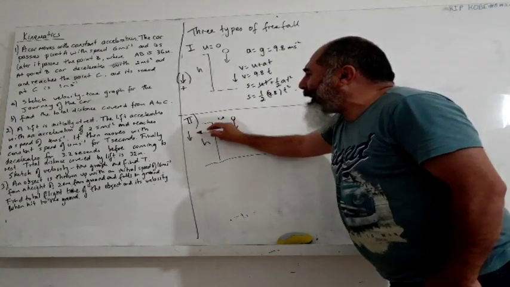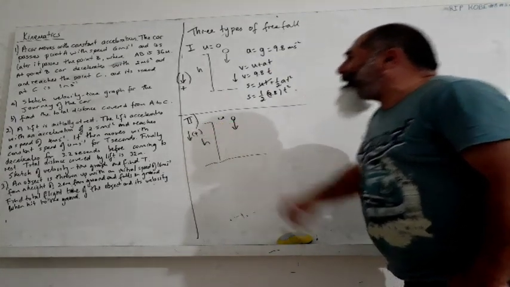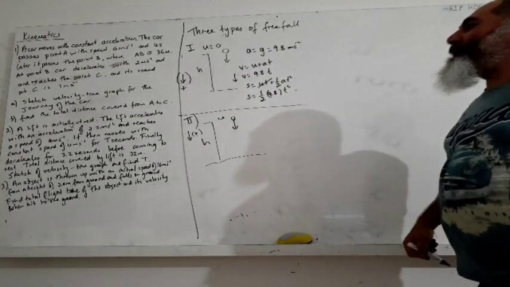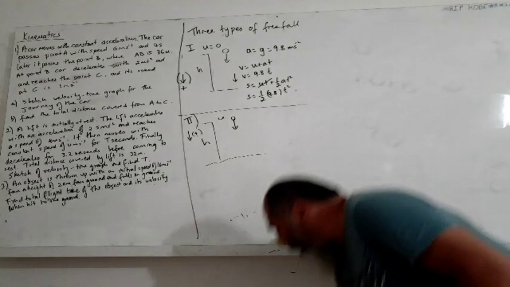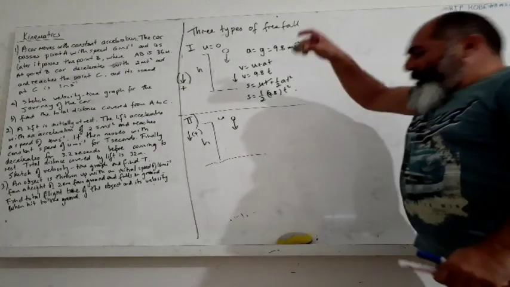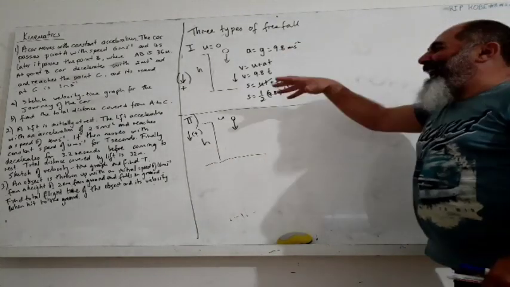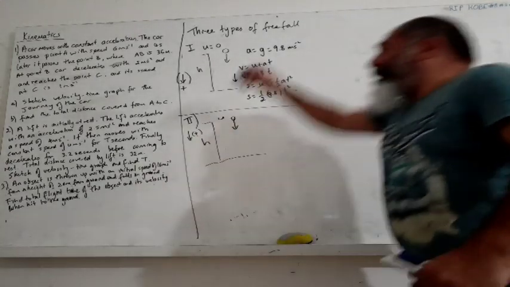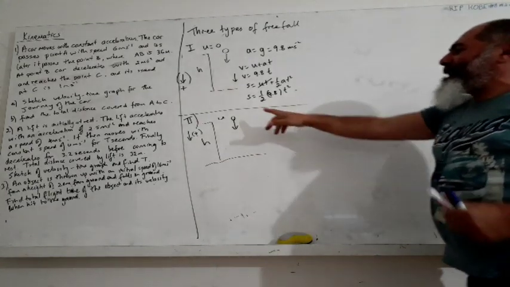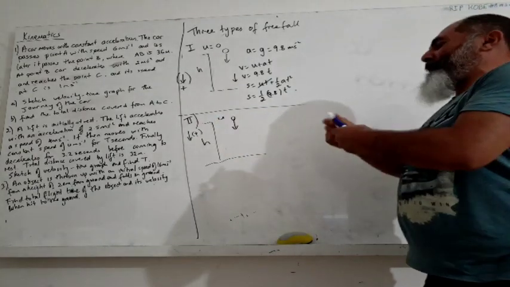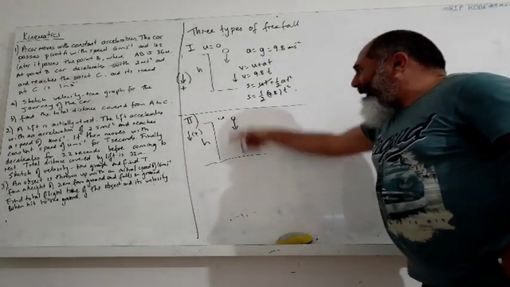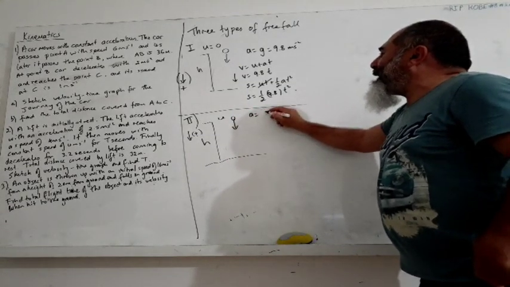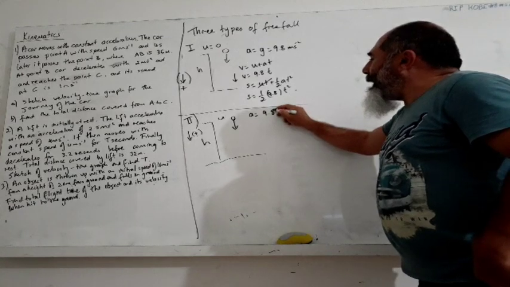We have u there, the initial speed, because we are going to throw the object, not leave the object to fall. It is going to have an initial velocity pointing downwards. Acceleration is again 9.8 meters per second squared, which is the gravitational acceleration.